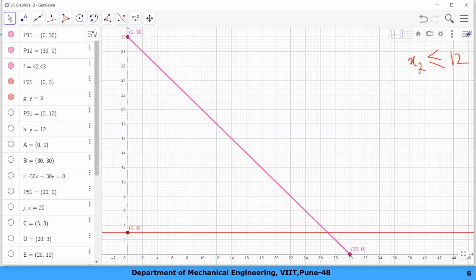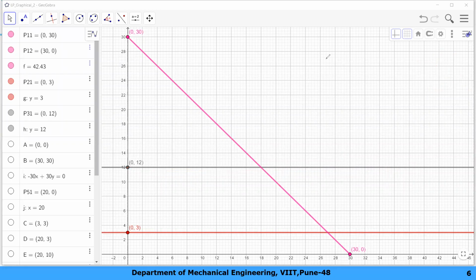For time being assume it's x2 equal to 12. Okay, so x2 equal to 12, draw a line like this. And what this less than suggests, less than मतलब towards the origin, right? So below this. Okay, so I hope it is making sense.